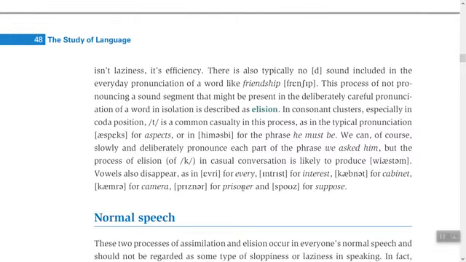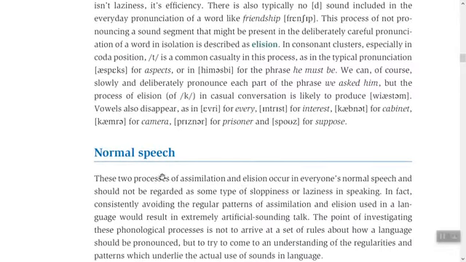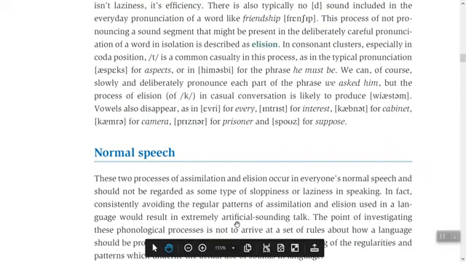Okay, and the last thing is normal speech. Assimilation and elision occur in everyone's normal speech and should not be regarded as some type of slowness or laziness in speaking. In fact, constantly avoiding the regular practice of assimilation and elision would result in extremely artificial sounding talk.